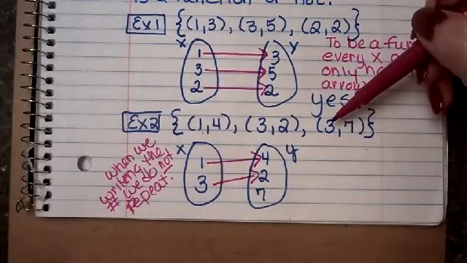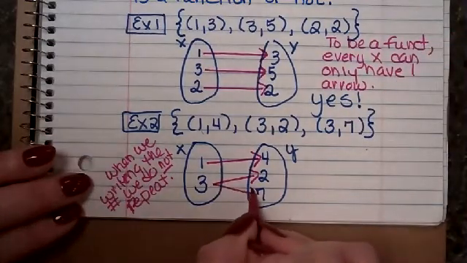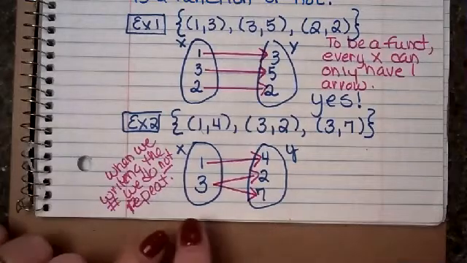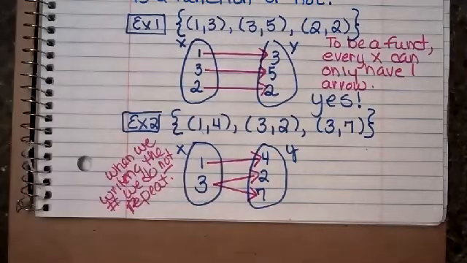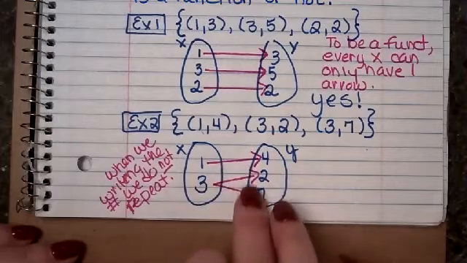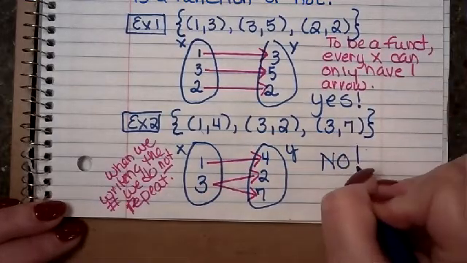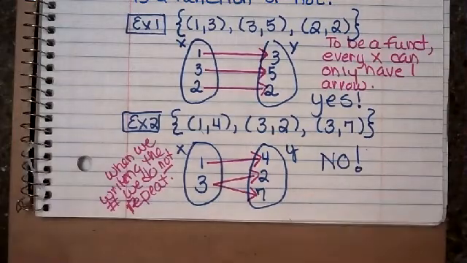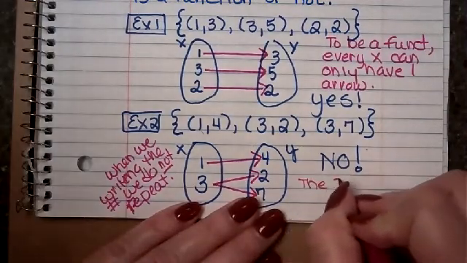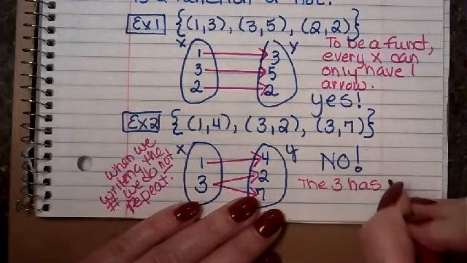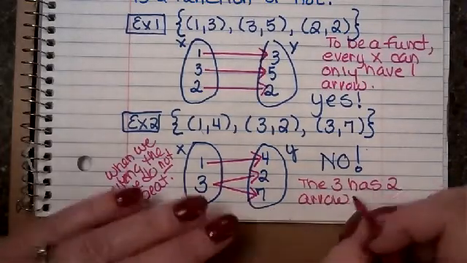Now right here, my 3 and my 7, that 3 is also going to go with the 7. Now notice my 3 right here has 2 separate arrows. Since it has more than 1 arrow coming from it, that is a big old no, not a function. Why? Because the 3 has 2 arrows. Remember, every X can only have 1 arrow to be a function.